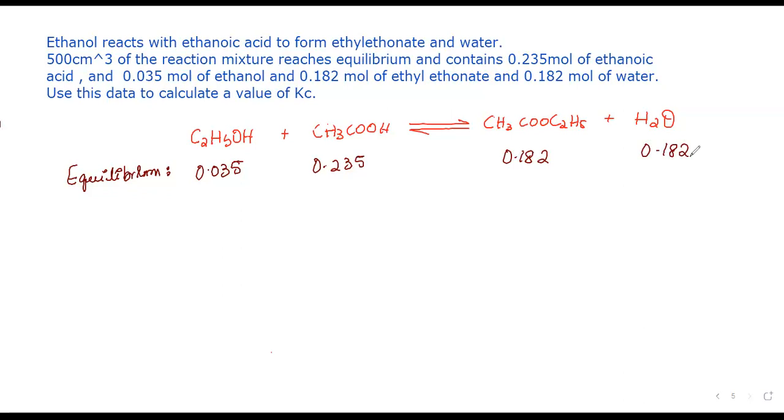You need the concentration, so we cannot use the moles directly as they are. We will have to calculate the concentration at equilibrium. The volume is 500 centimeter cube, so we will use the formula concentration equals moles divided by volume. Remember to convert your centimeter cube into dm cube.